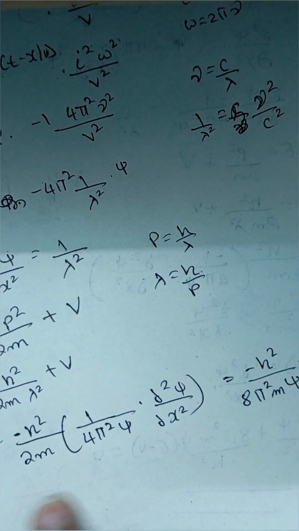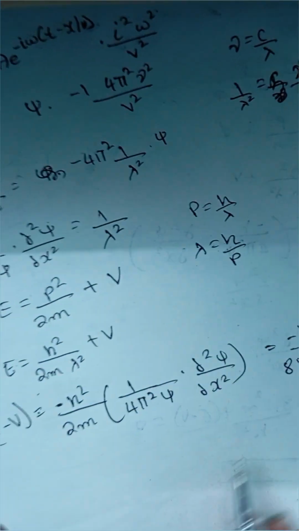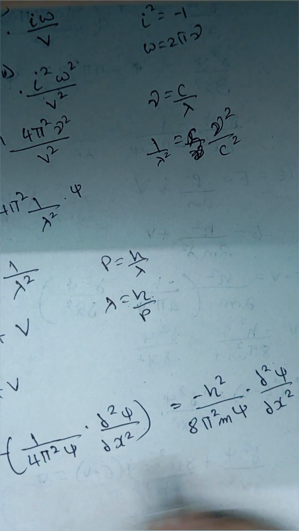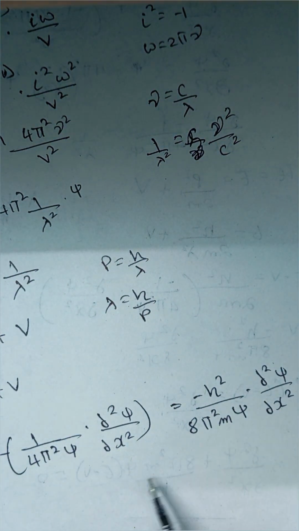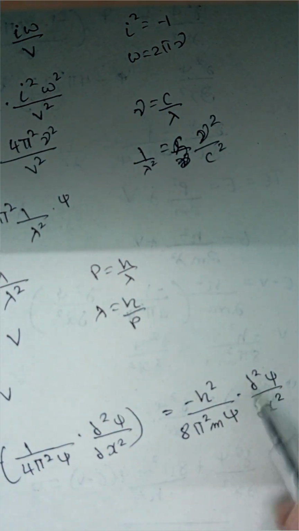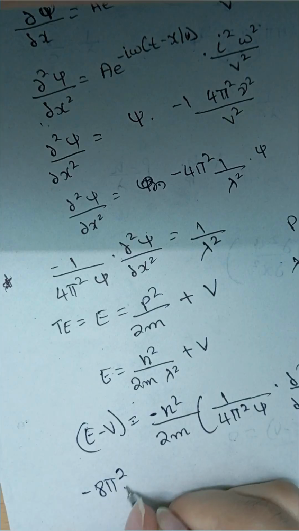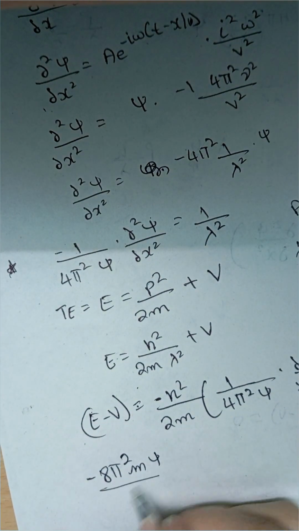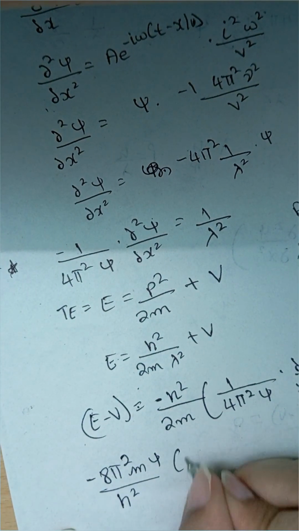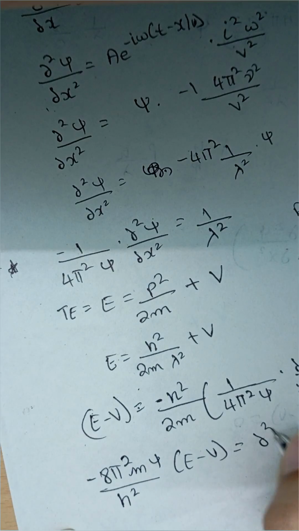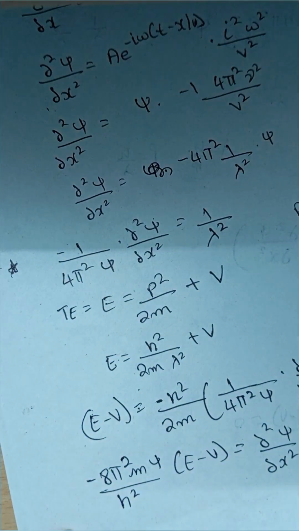I've just solved this. Now this part I'm going to send up and bring this down, keeping only this on the right hand side. So that will become minus 8 pi square m psi by h square into (E minus V) equals dou square psi by dou x square.